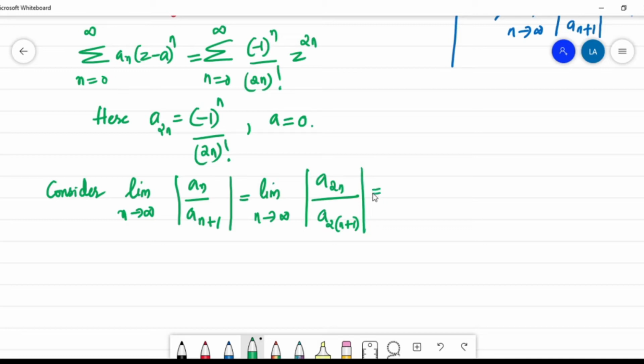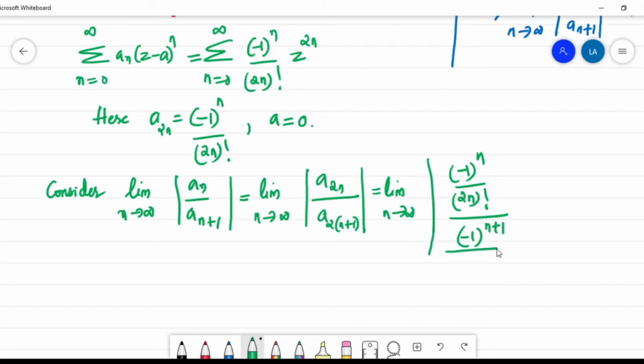That is how we find the limit here, and that is equal to limit n tends to infinity modulus of minus 1 raised to n by 2n factorial divided by minus 1 raised to n plus 1 divided by 2 into n plus 1 the whole factorial, modulus. And since the modulus is there, we can clearly take minus 1 raised to n and minus 1 raised to n plus 1 to be equal to 1.